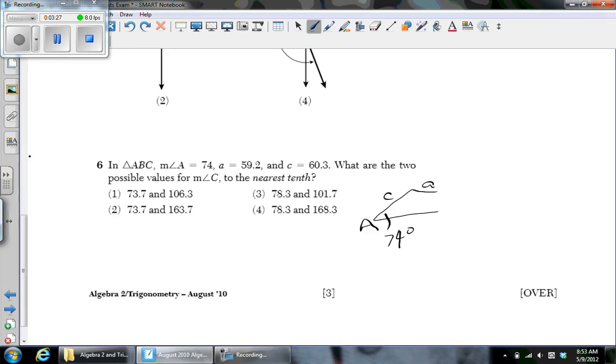So for this, we're going to do law of sines, and you get a over sine A equals c over sine C. When you actually do the math here, you should end up with choice 3.